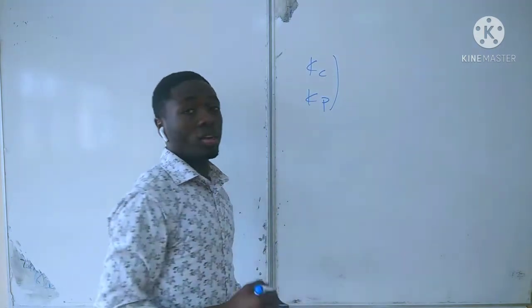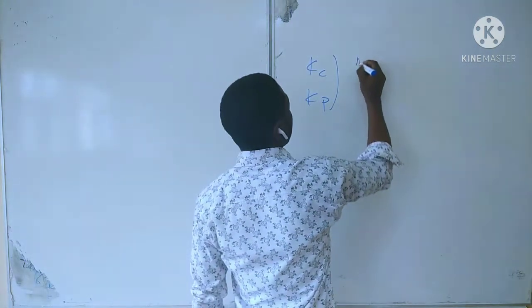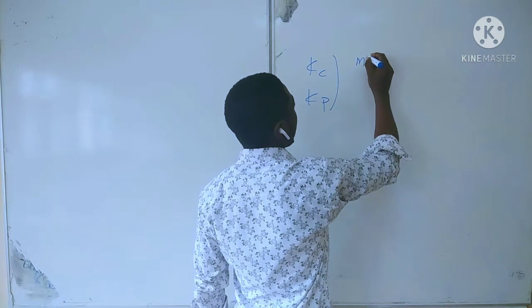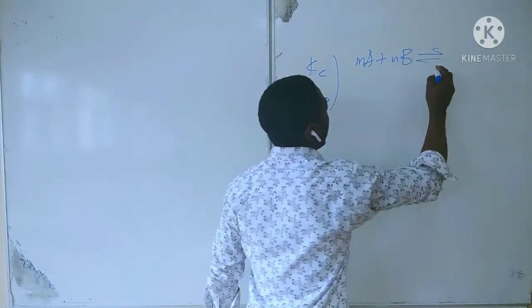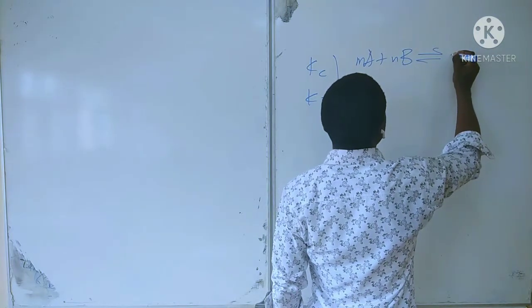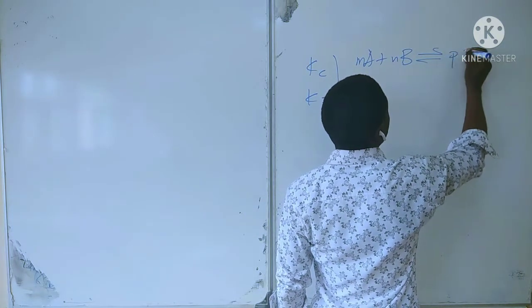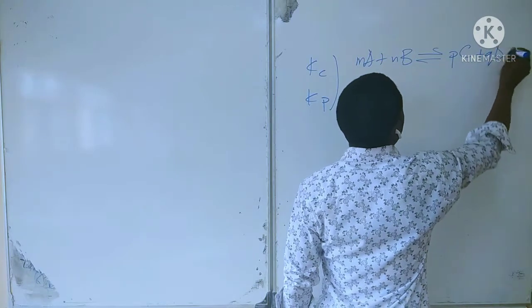So let's consider our same reaction that we had in the previous video. We have mA plus nB in a reversible fashion giving pC plus qD.